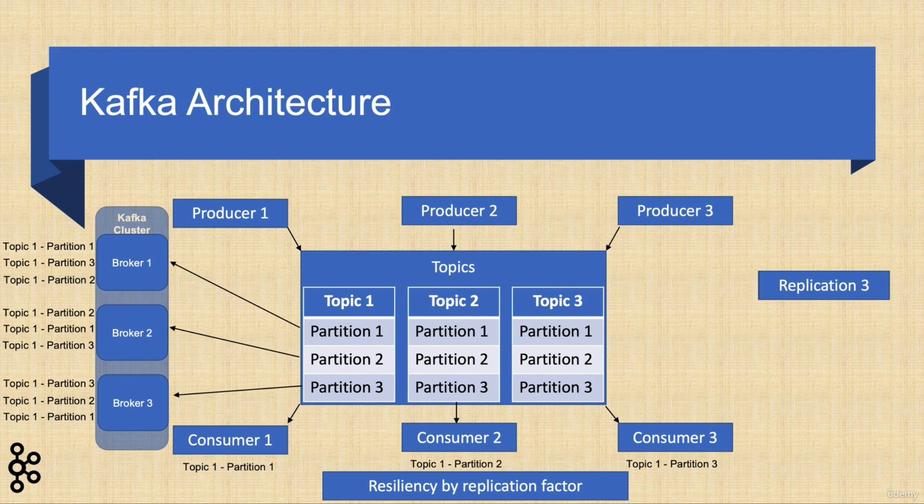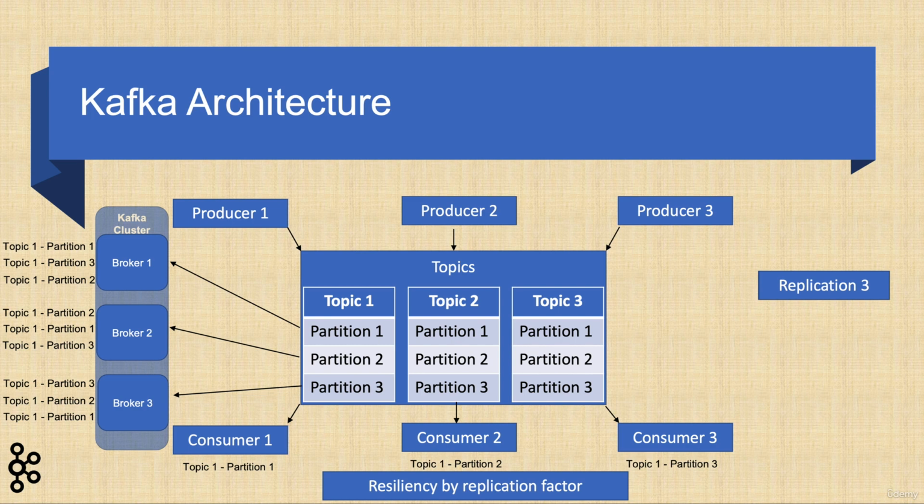And finally, on the bottom, you see the consumers. Here again we have 3 consumers. This number 3 is important when it comes to the consumers, because it is strongly coupled with the partitions on a topic, such that each partition can only be assigned to a single consumer.